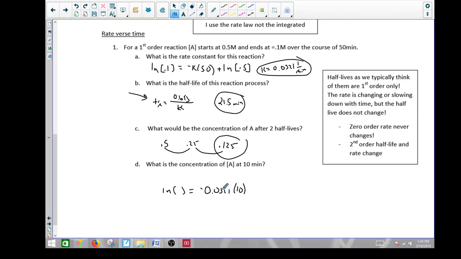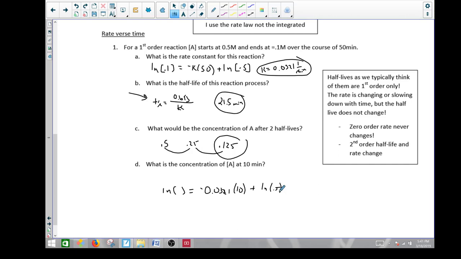All right, that's 3, 2, 1, plus natural log of 0.5. And you solve. All right, so we have negative 0.0321 times 10, and then I'll add that to the natural log of 0.5.